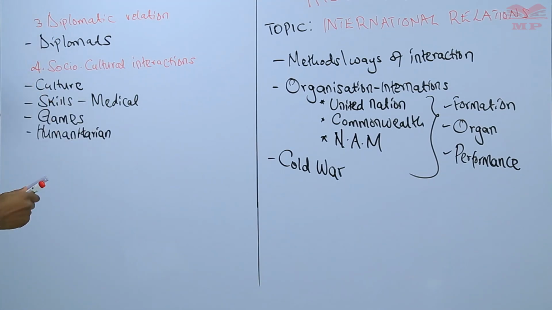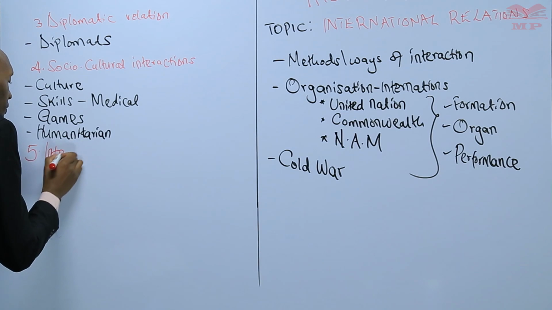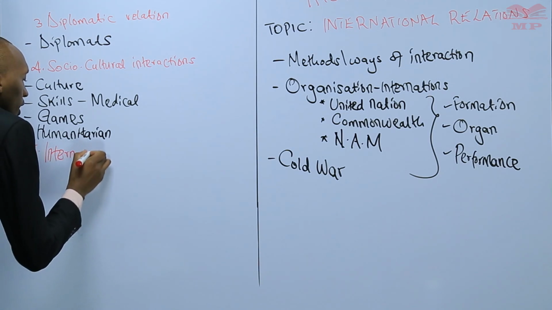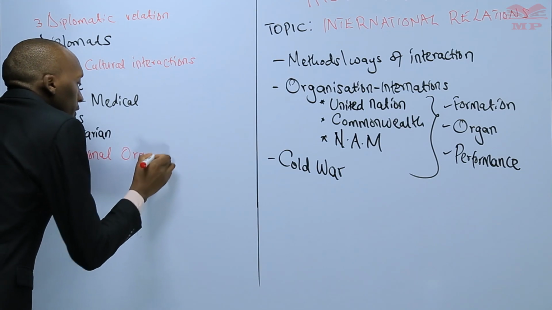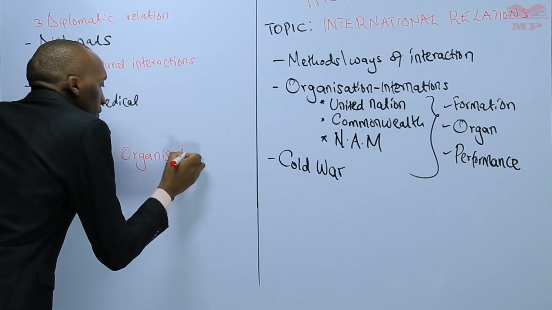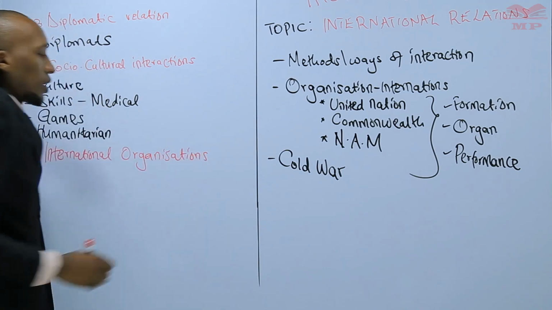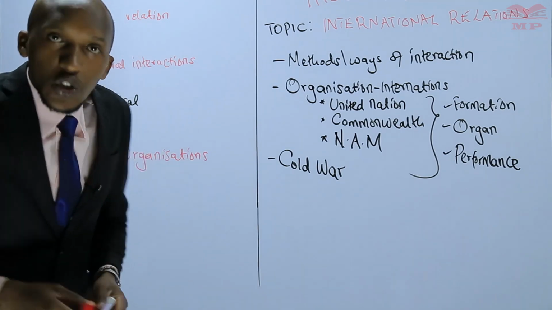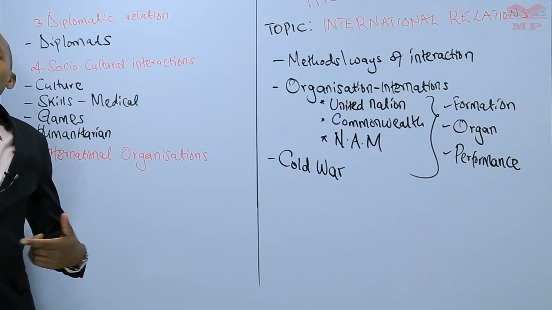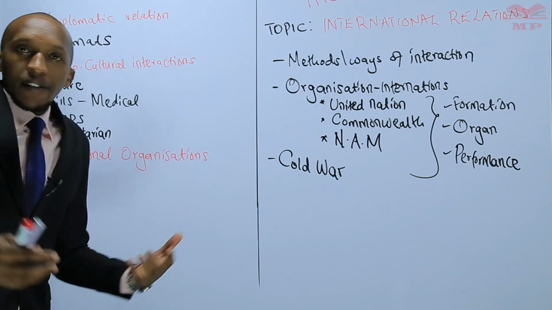And then lastly, the last way in which countries have been interacting is through international organizations. When you talk of an international organization, this is an organization that draws membership from each and every country.